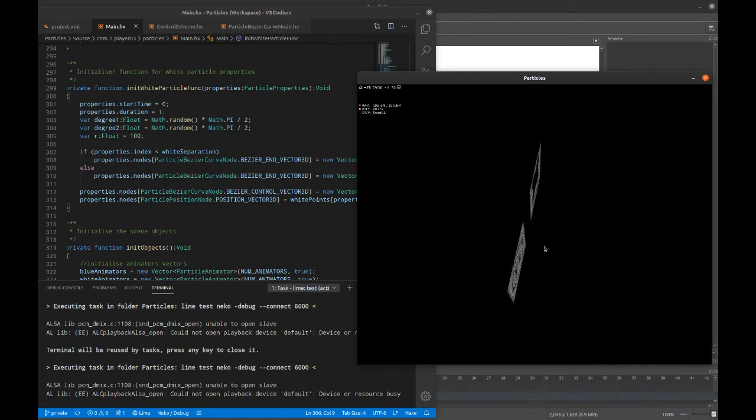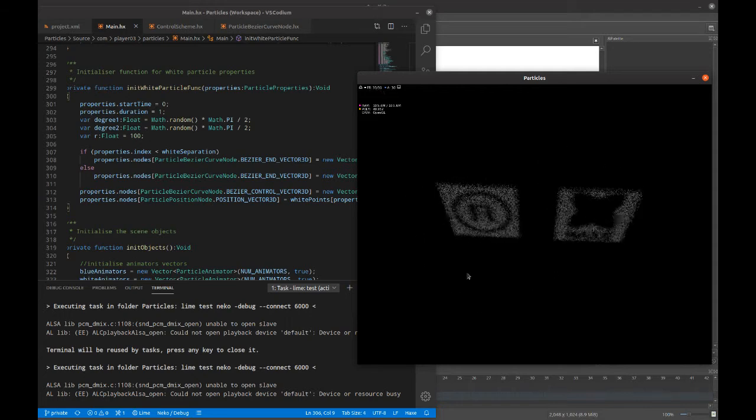Without any randomness, but with the curve in that direction.